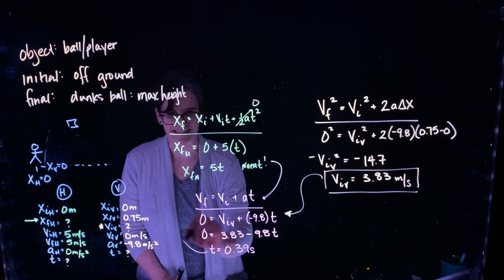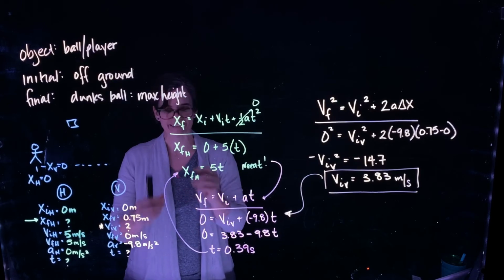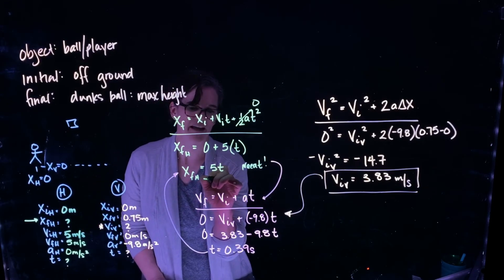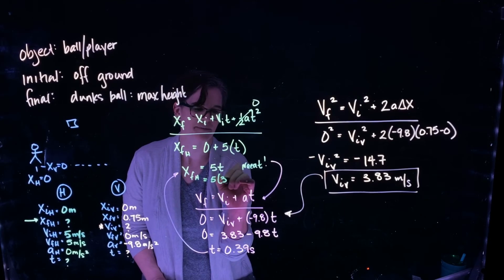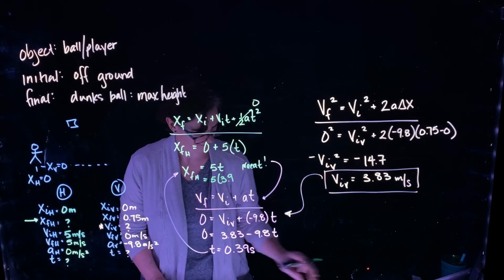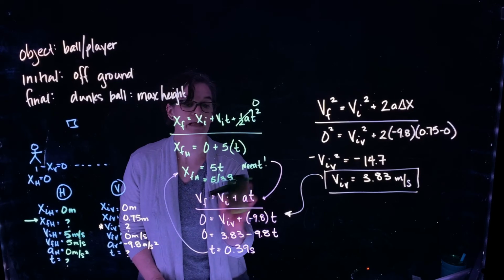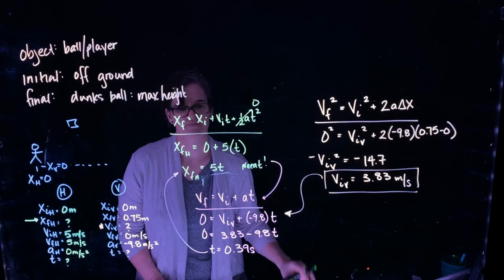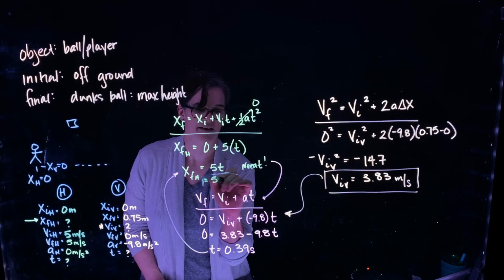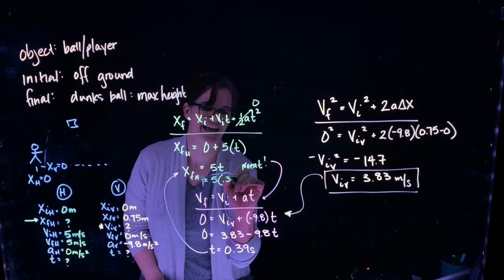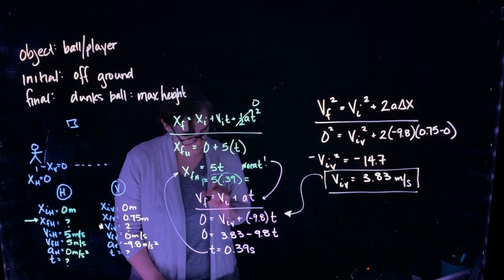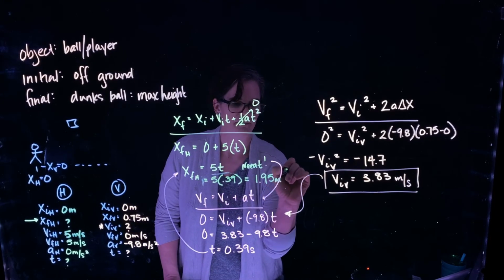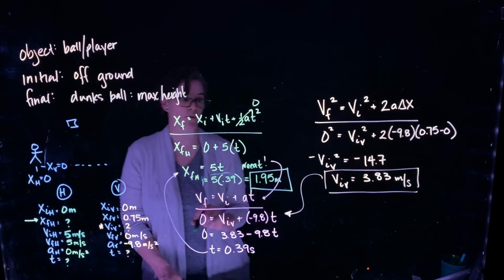And then I can plug that back up here in my final position. And I find that my final position is 5 times 3.9, oops, not 3.9, that would be a long jump. Let's erase that. 5 times 0.39. My final position is 1.95 meters.